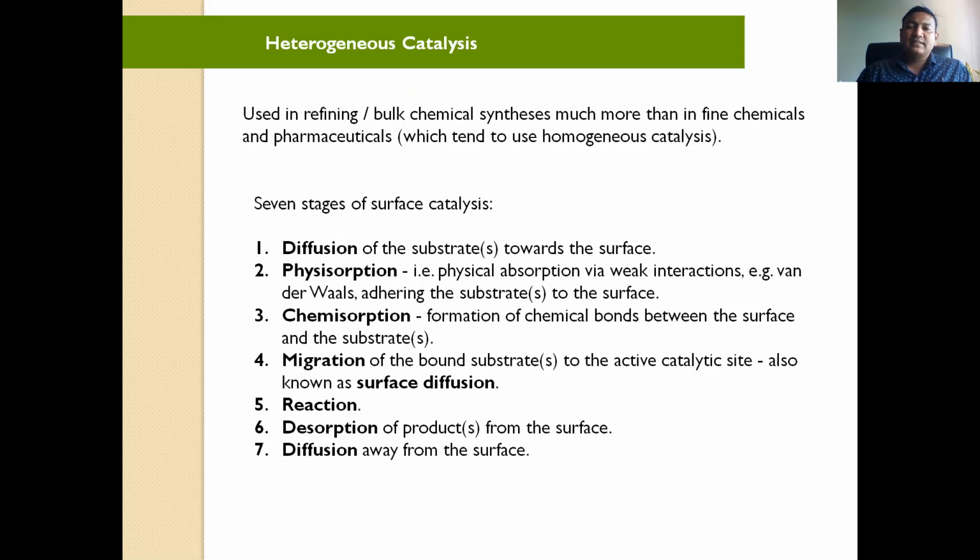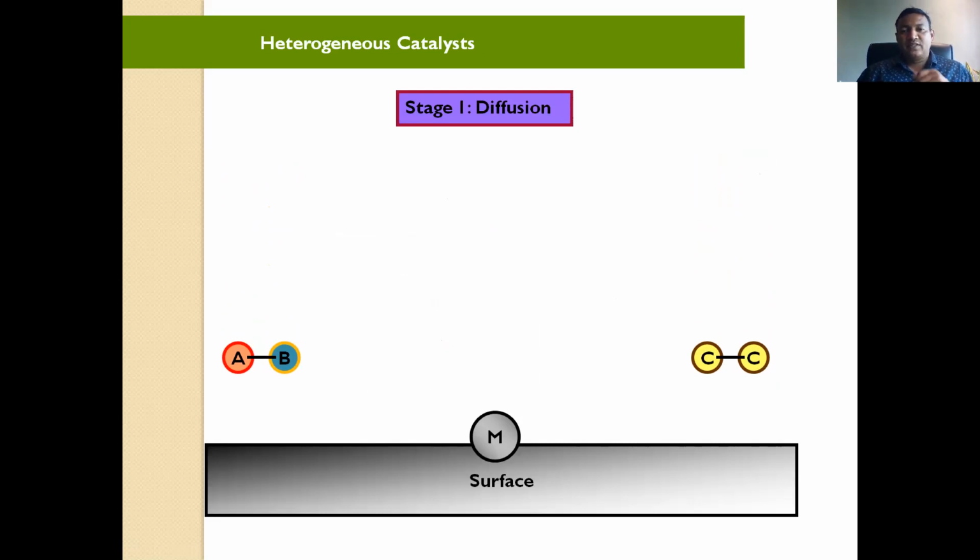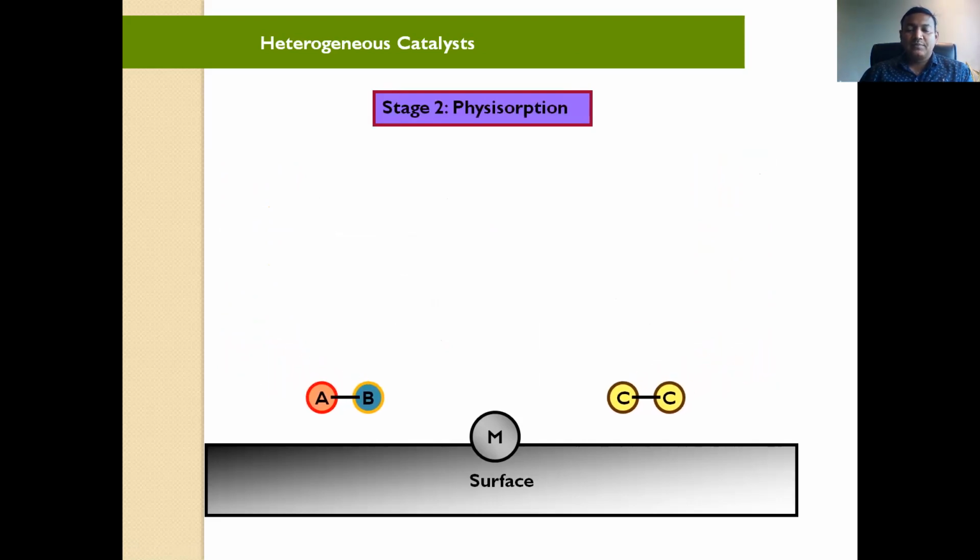Then we have seen these 7 steps of heterogeneous catalysis in a very precise way. We saw yesterday this type of visual effect, for which I have taken a lot of effort. So this is the first step. Then in the second step, it will come towards the surface and make a van der Waals force with this surface.